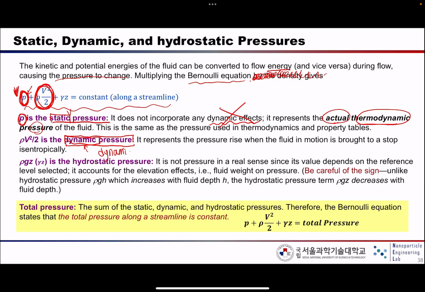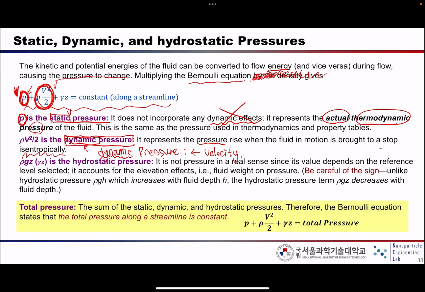The reason why we call this the dynamic pressure is that it is the pressure increase when the fluid in motion is stopped isentropically. Basically this dynamic pressure is related to the velocity, so that's the reason why we call it the dynamic pressure.